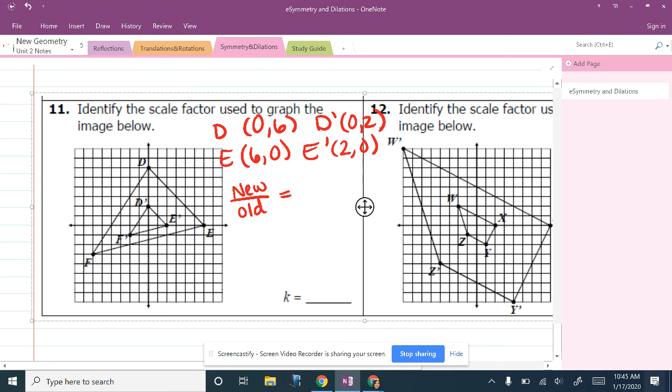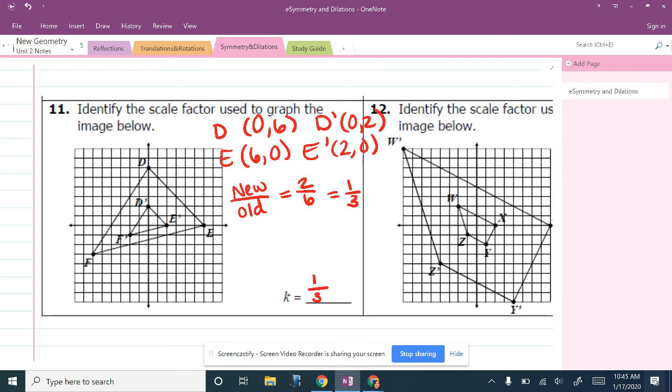So the Y value on D prime is 2 over 6, and then reduce that fraction. What does 2 over 6 reduce to? 1/3. And your scale factor is 1/3. And you can check that because 2 over 6 is 1/3, right?